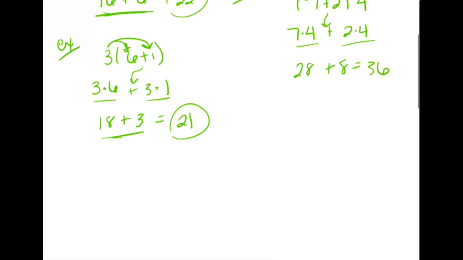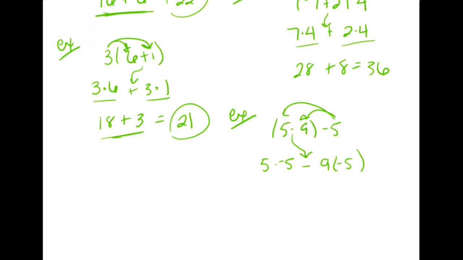Okay, I'm going to do one more example for you. This one's going to have some negatives in it, just to give us a little bit of experience with the negatives. Okay, again, I'm going to distribute this -5. And now I'm bringing down this sign here. 9 times a -5. 5 times -5 is -25.